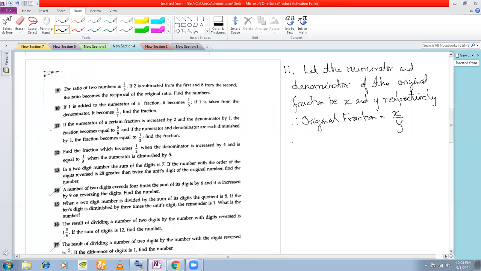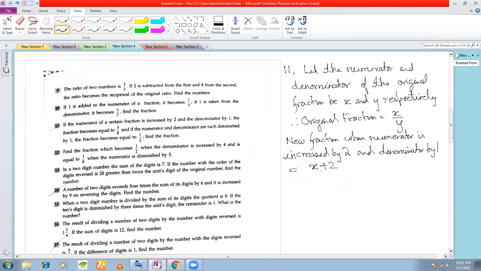So the new fraction, when the numerator is increased by 2 and the denominator by 1, is equal to, now original fraction, you are increasing the numerator by 2 and the denominator by 1. What does the fraction become equal to? It is given that the fraction becomes equal to 5 by 8.